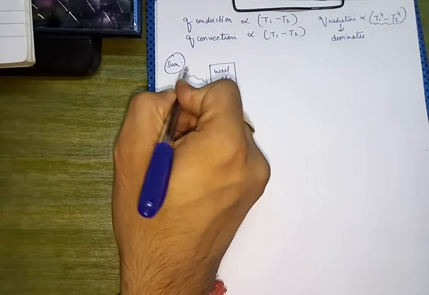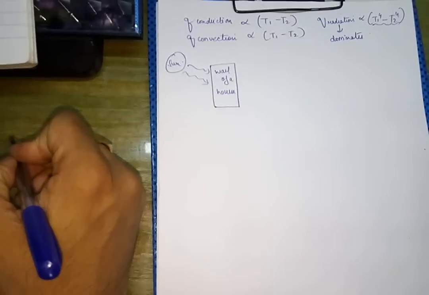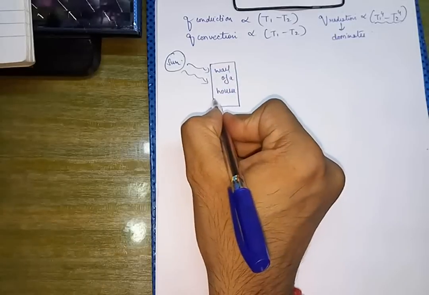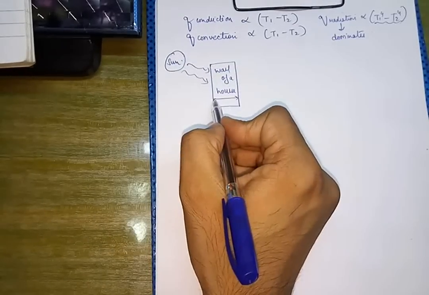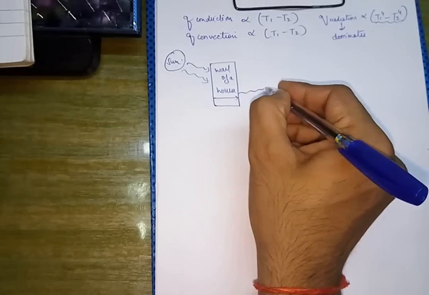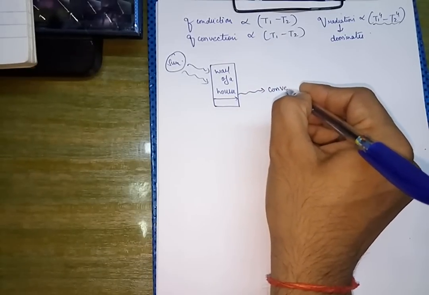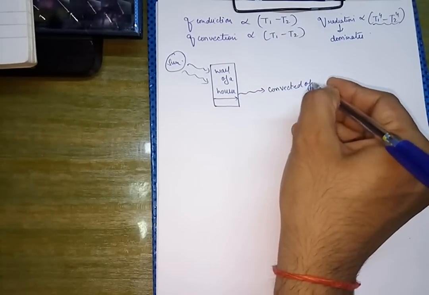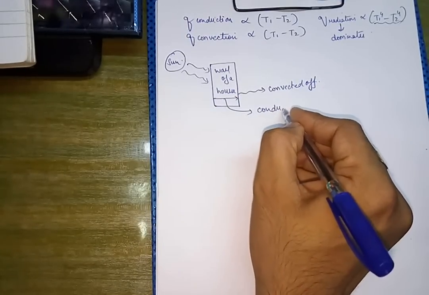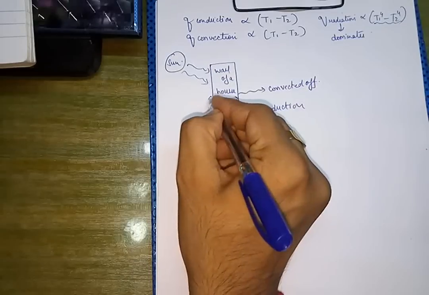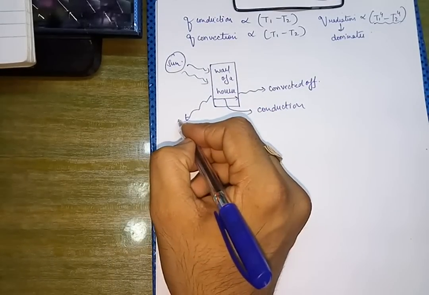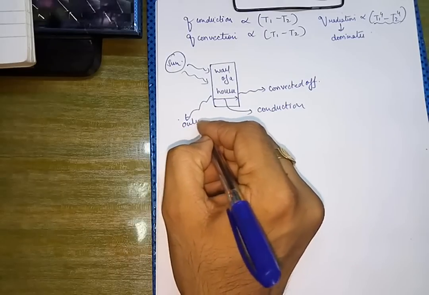Energy is being radiated from the sun and it is entering the wall, such that inside the wall there is conduction of heat from one face of the wall to the other face, and then from this face the heat is being convected off. This inside transfer will be called conduction, and some heat is also given through convection from the outside to the outside air.